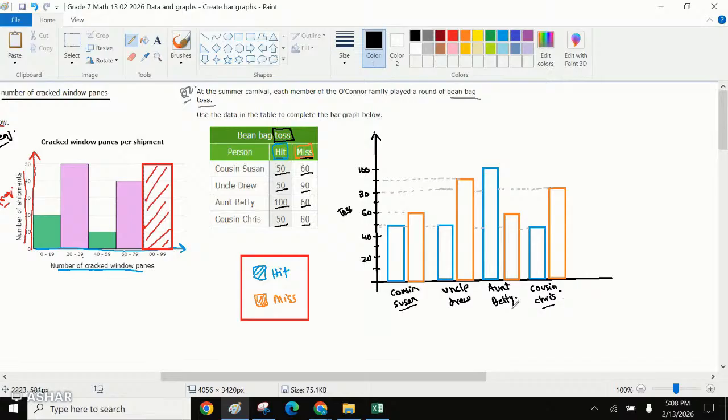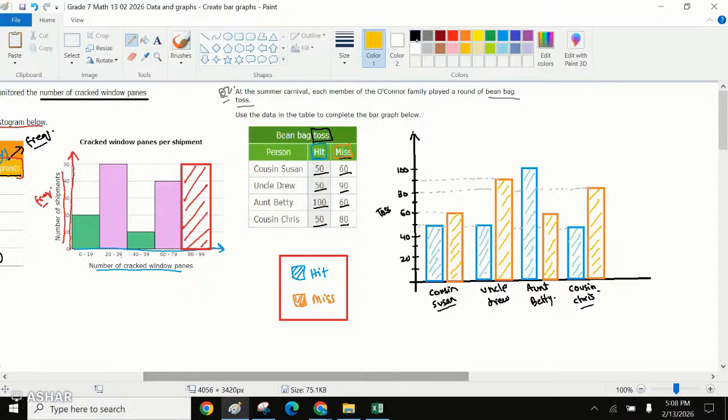We can leave them like this, or since we made slashes over here, we can put slashes just to represent the information of the bar. So this is a bar graph. Let me complete this, then I'll compare. The difference between these two graphs is that this was a histogram, right?